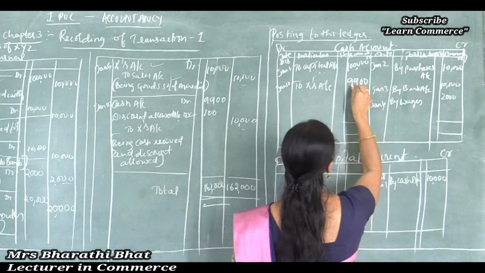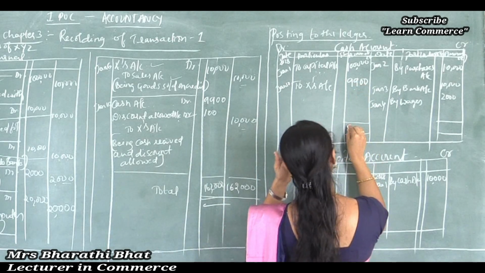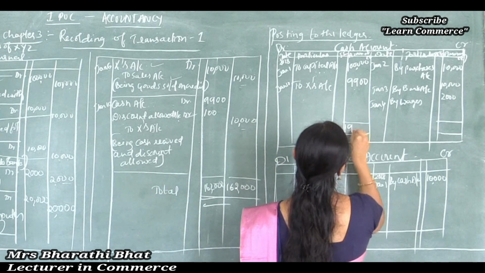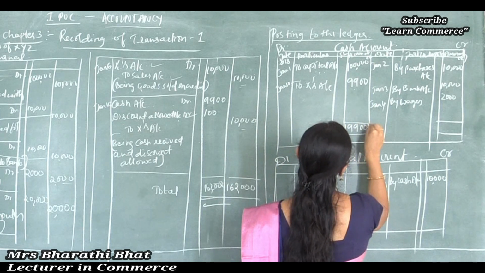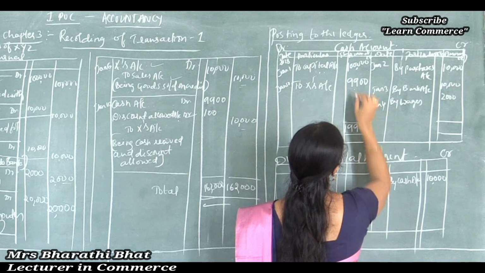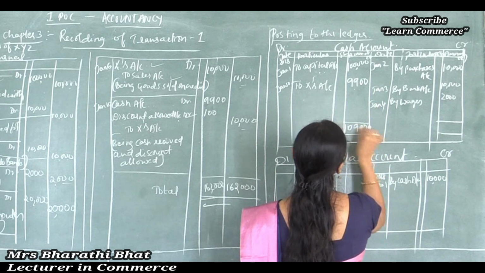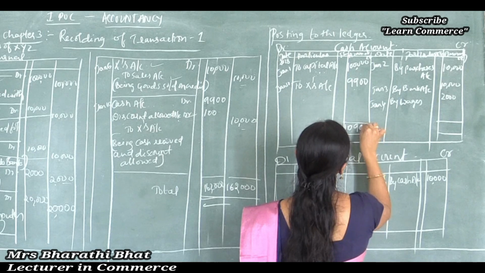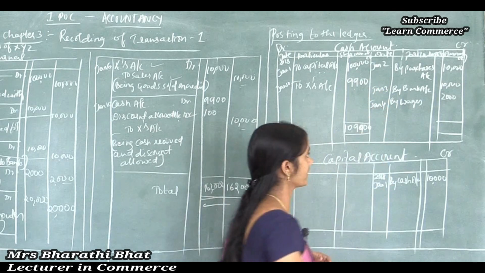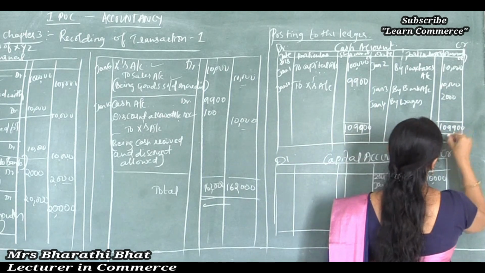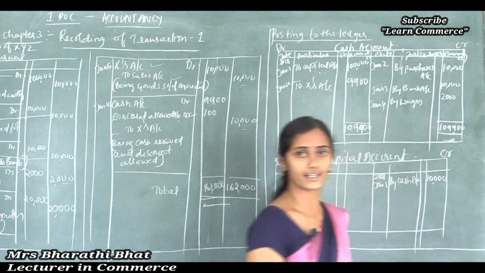Say for example, here the debit side shows the greater amount, 1,09,900. One lakh 9,900. Correct, right?